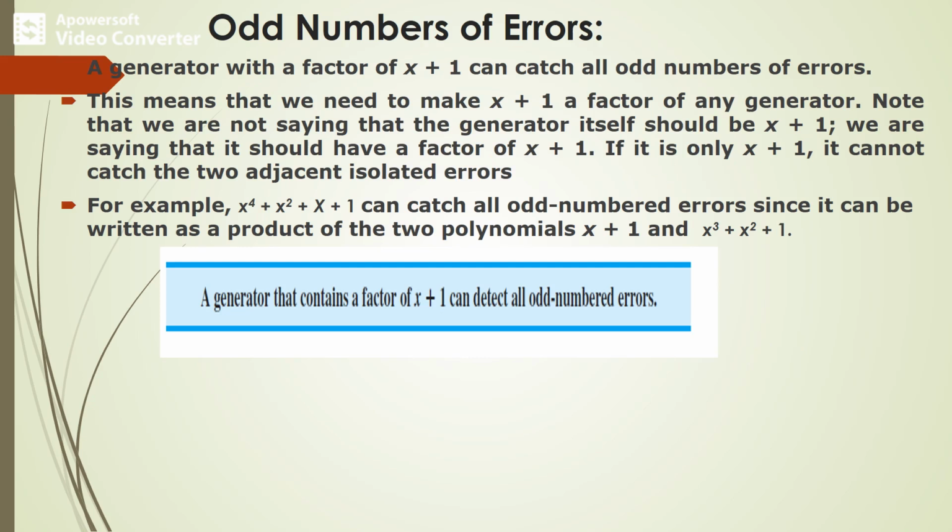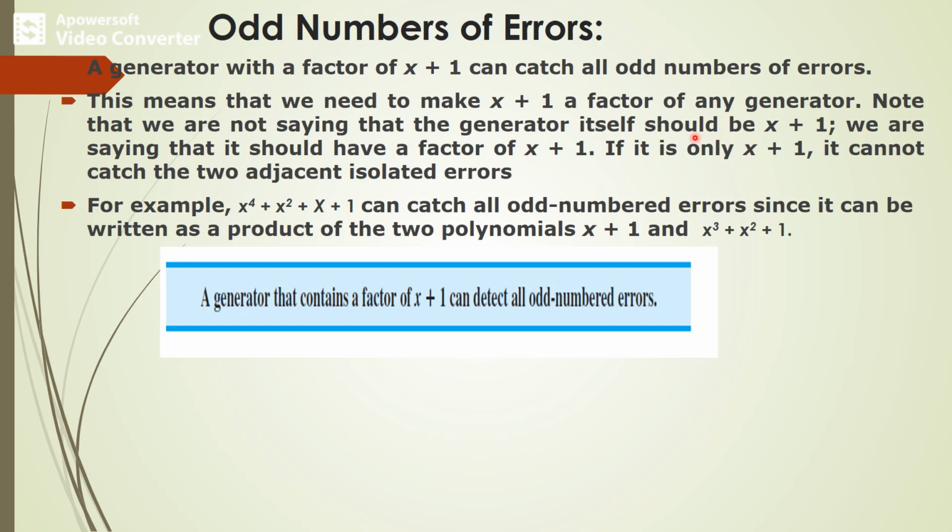Odd numbers of errors. The generator with the factor of x plus 1 can identify all odd numbers of errors. So that means we can add the factor x plus 1 along with any generator value. We are not saying that the generator itself should be x plus 1.